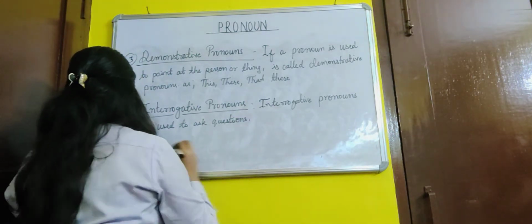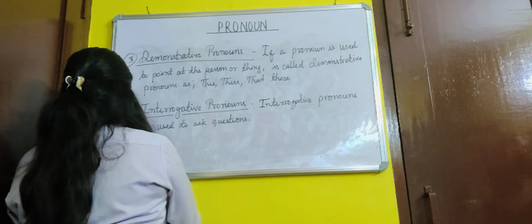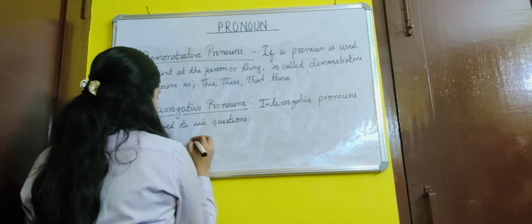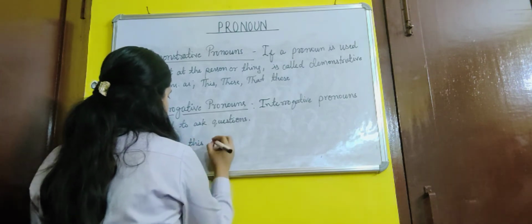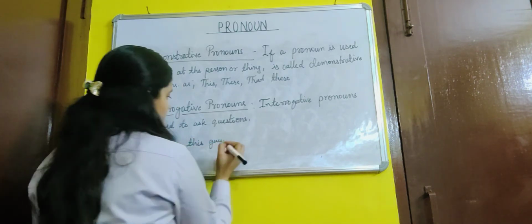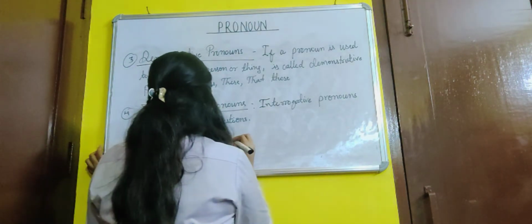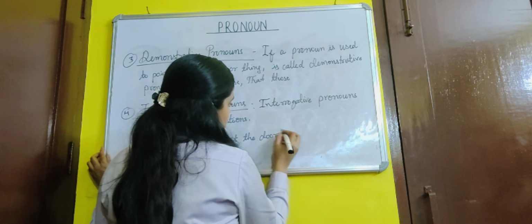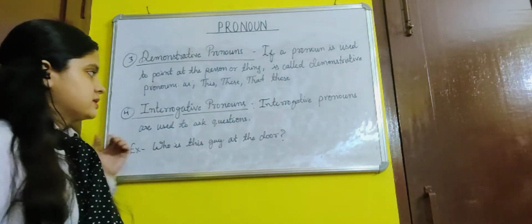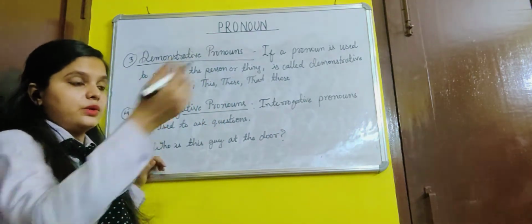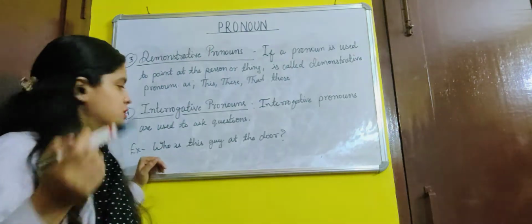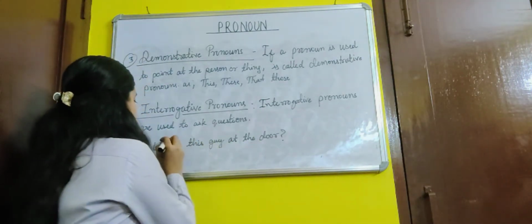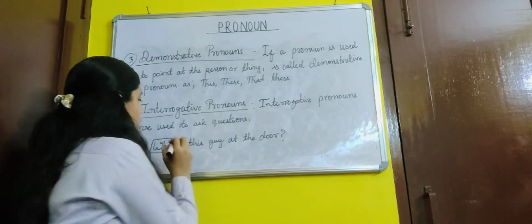Example, who is this guy at the door? Okay, there is someone at your door and you don't know who he is. So you are asking a question. For asking the question, you use this word who.